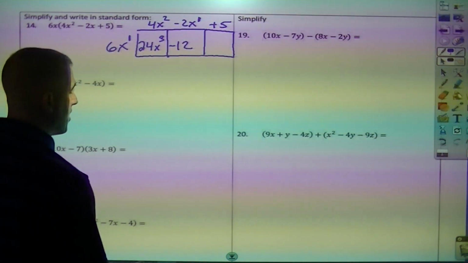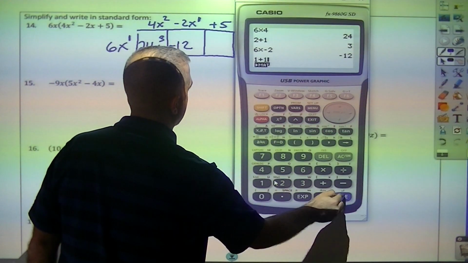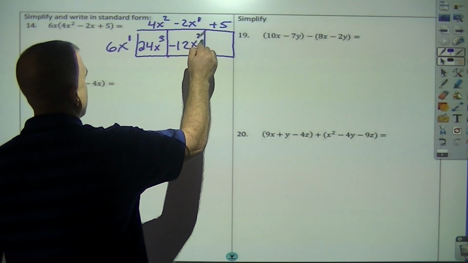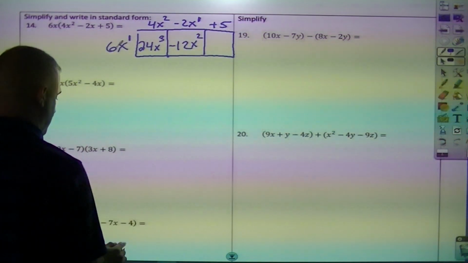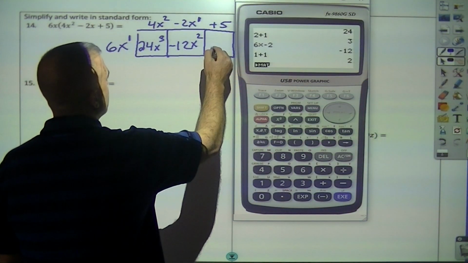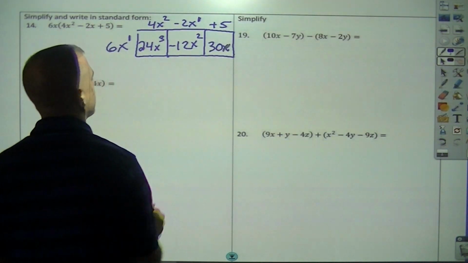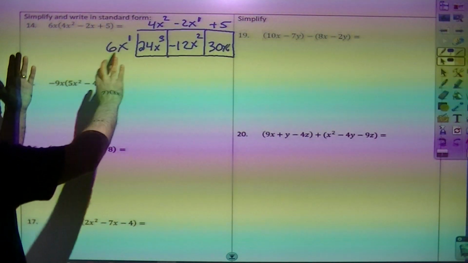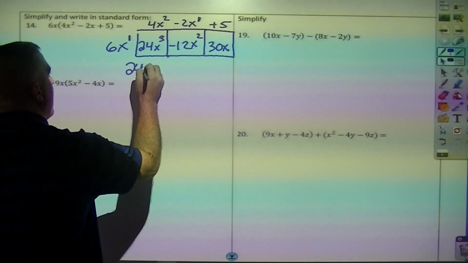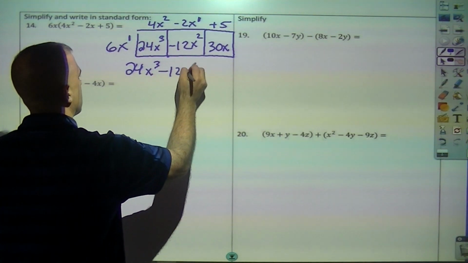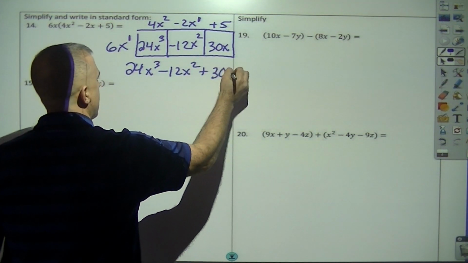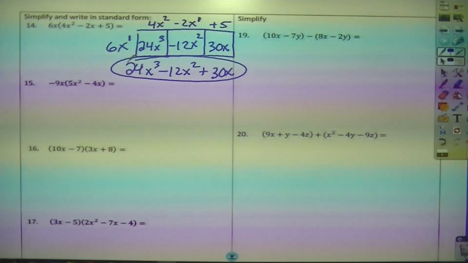Add the x's, 1 and 1, is x squared. And then 6x times 5 is just going to be 30x. Now, as you can see, all those terms are different, so I can just write those like this, and I am finished, because none of those can combine.